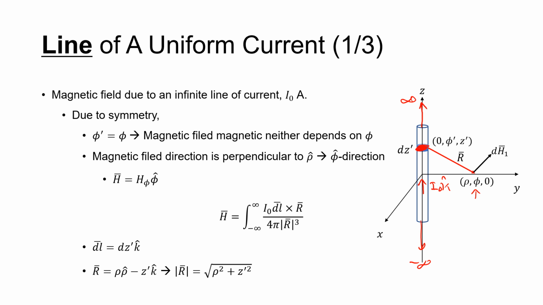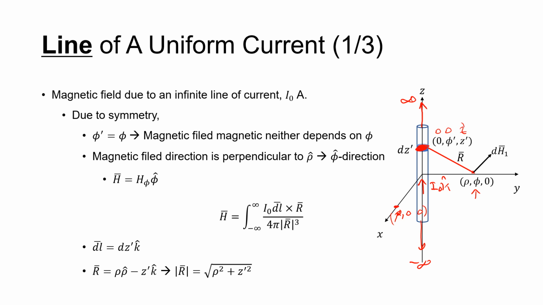Why does this happen? For example, if I'm looking at a point on the rho axis, in this case we have phi equals 0, and z also equal to 0, and I'll find the point where the element exists at 0, 0, and z dash.